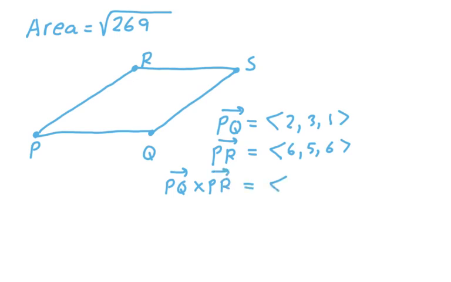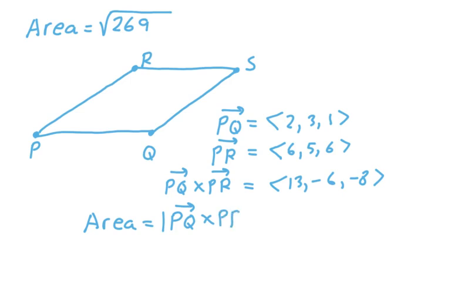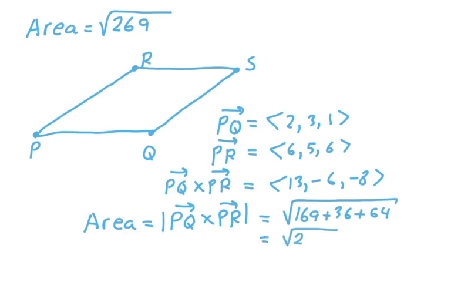Well, I'm going to get 13, -6, and then 10 minus 18 is -8. And so the area is the magnitude of PQ cross PR. Okay? And so this is the square root of 169 plus 36 plus 64. And if you notice, we got the square root of 269. And it was exactly the same answer.